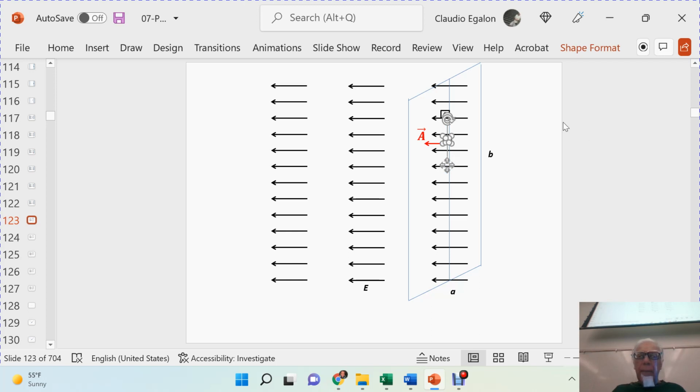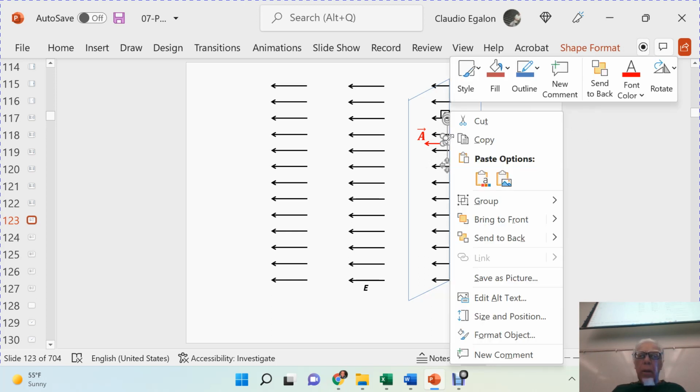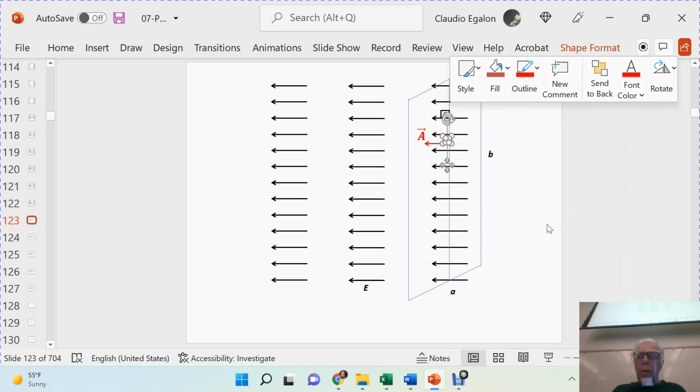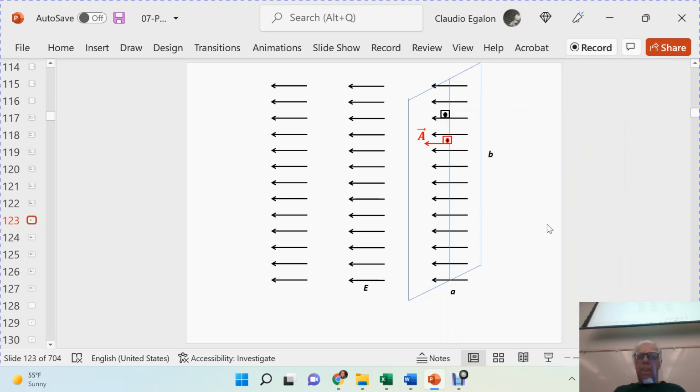Can you remember that? Every area vector is not going to be perpendicular, it's going to be normal to its surface. For a flat surface, the normal coincides with the perpendicular direction.